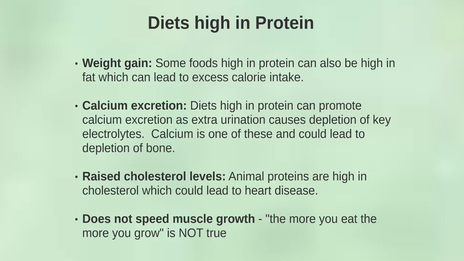So it could lead to a reduction in usable calcium within the system, and therefore a depletion of your bone, so a struggle to maintain the bone density you have. You might find as well, if you are choosing poor cuts of meat or processed meats we talked about before, that the cholesterol levels that you experience might also rise.